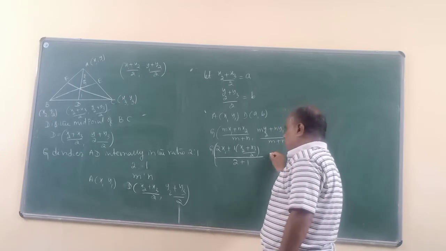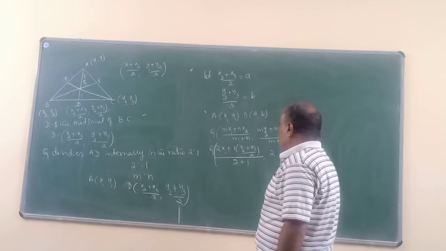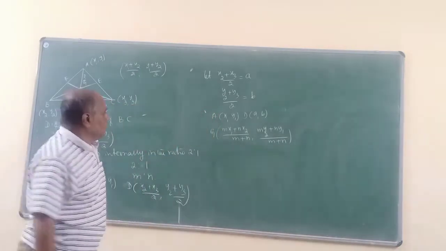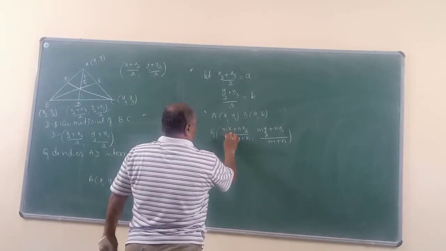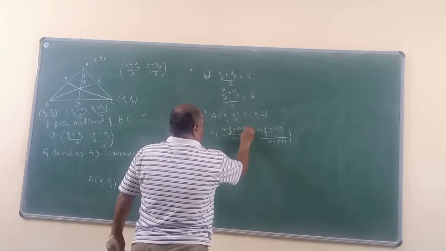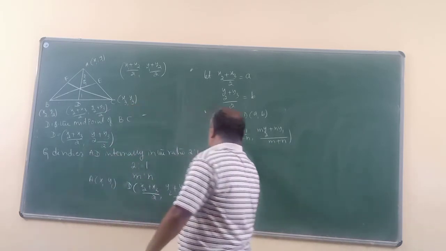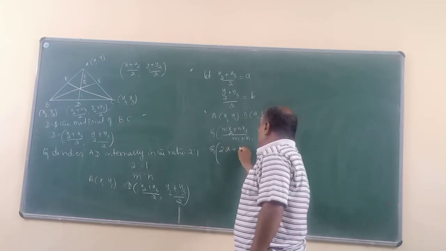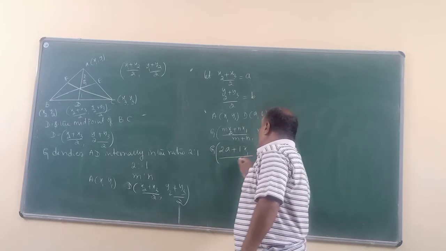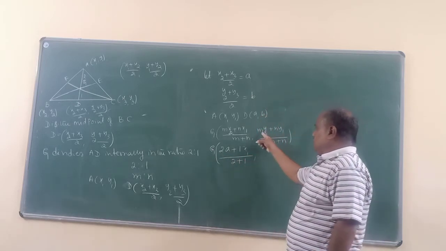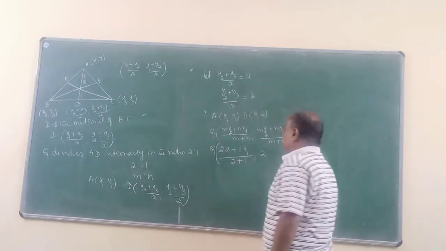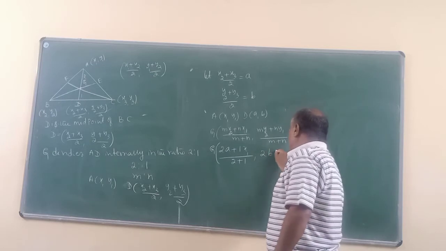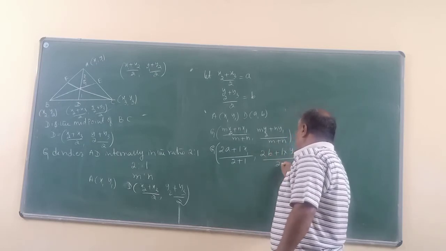For y, m is 2, y2 is b, plus 1 into y1, divided by 2 plus 1.